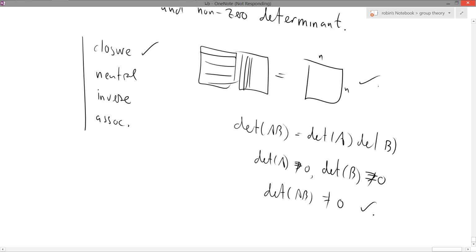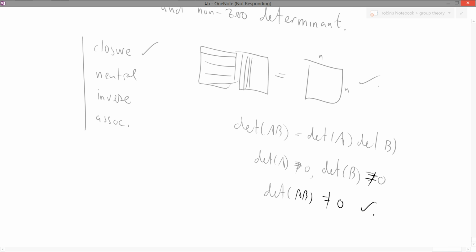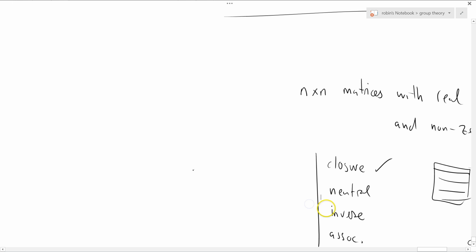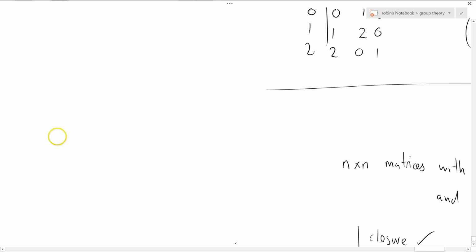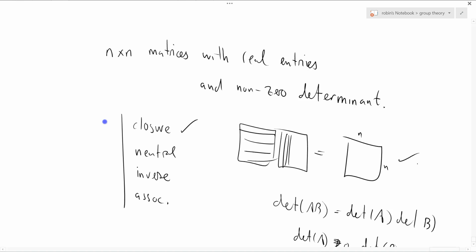So that checks out, because my definition of my ground set here is n by n matrices with non-zero determinant.